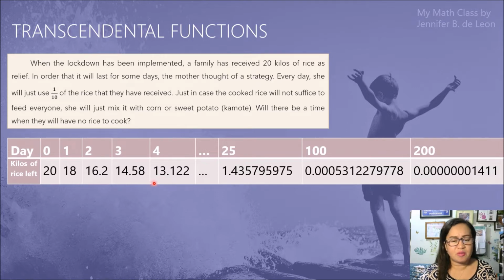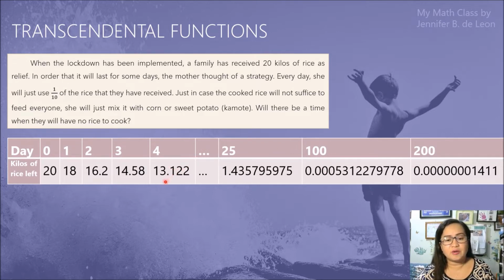Probably you might be wondering, how did I get the number of kilos of rice left on the 25th day, on the 100th day, on the 200th day, when I do not know the number of kilos of rice left a day prior to the 25th day or prior to the 100th day or 200th day.